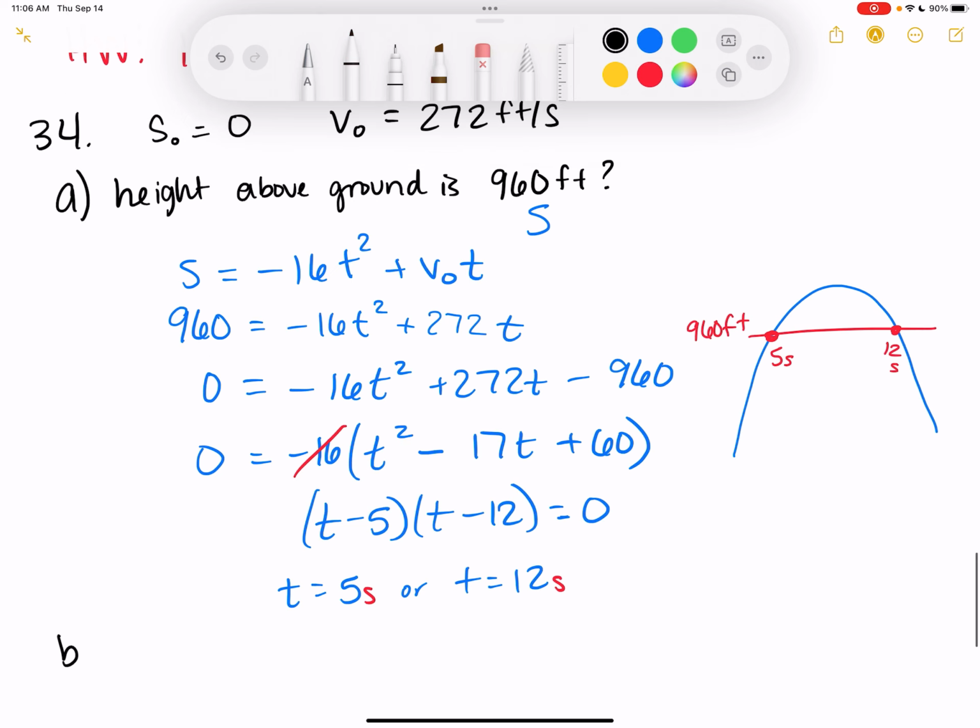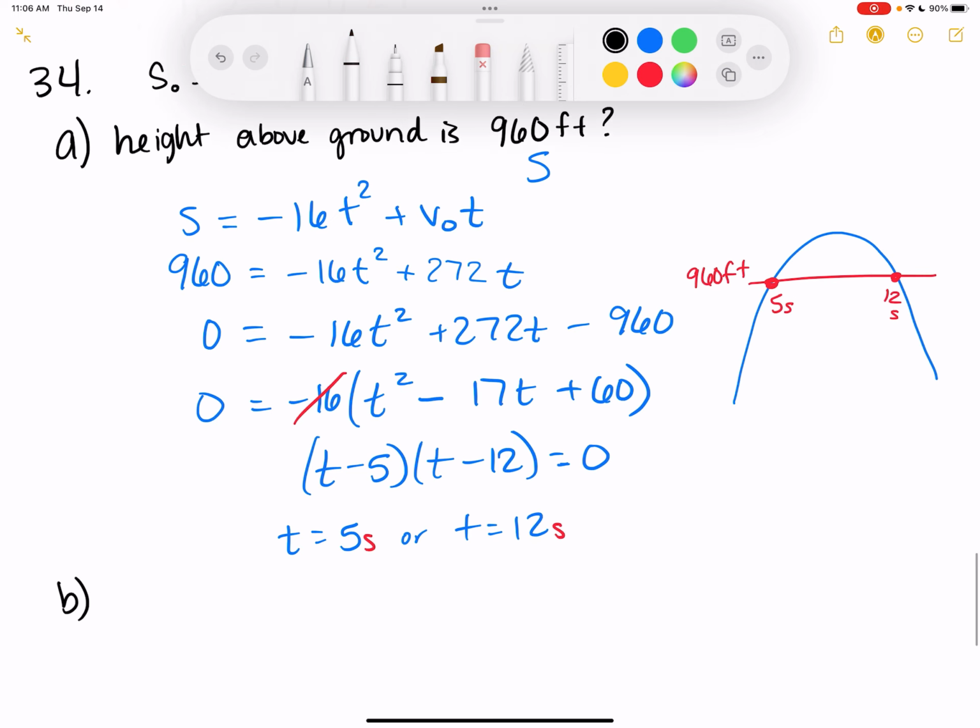So then part B wants to know when it is higher than 960 feet. So without having to do anything, what do I know? It's at 960 feet at 5 seconds and 12 seconds.